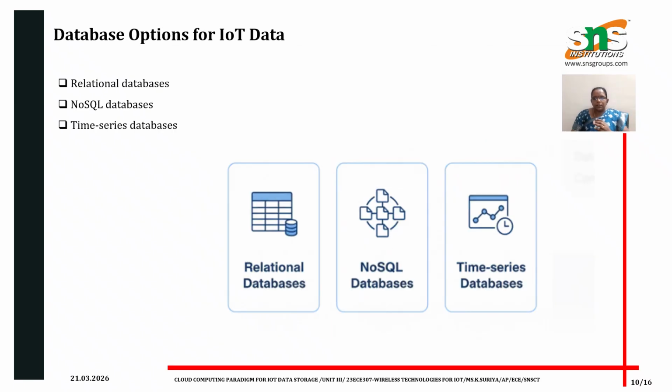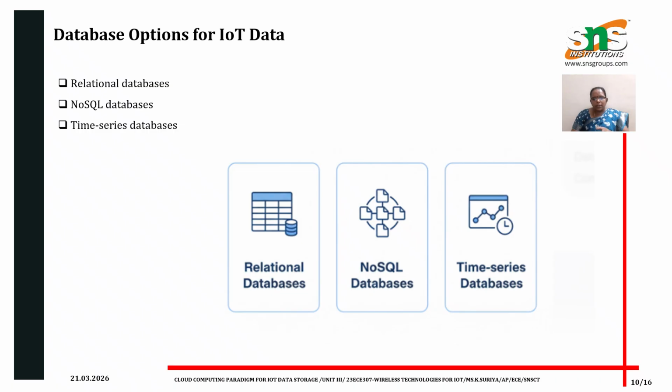So next one, let us explore the database options for IoT data. So there are three main types of databases used. So relational databases store structured data in tables with rows and columns. However, they may not be usable for large scale IoT data.